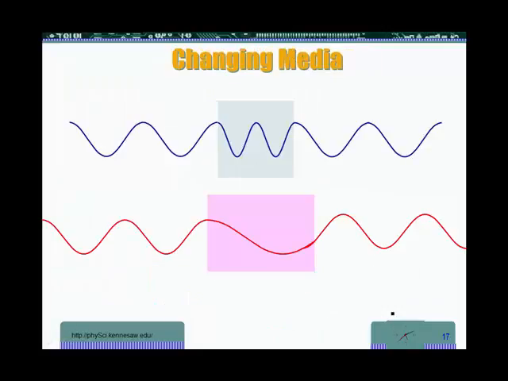Now, when we have media like this, what this tells me, when I go from a large wavelength to a smaller wavelength, that tells me high speed to lower speed. Lower speed means higher index of refraction. If I have here N1, N2, that means N2 is larger than N1.